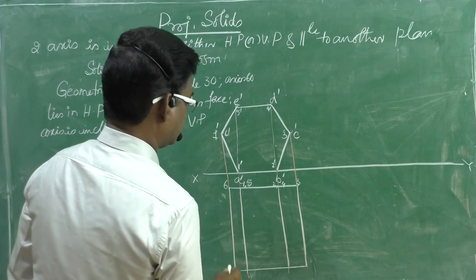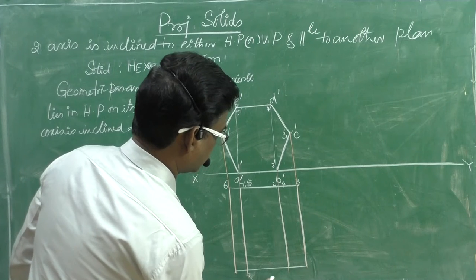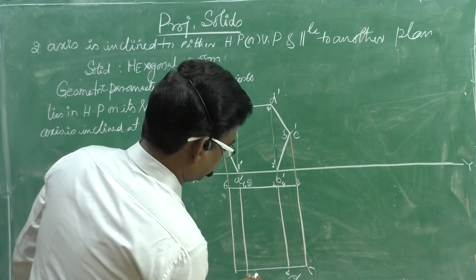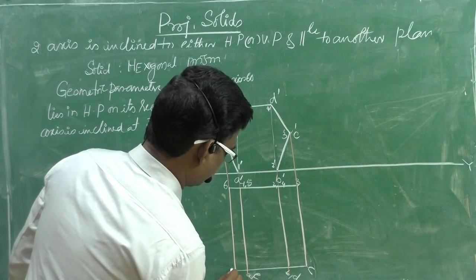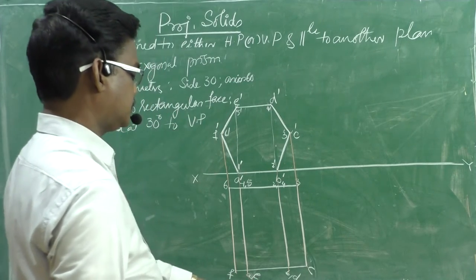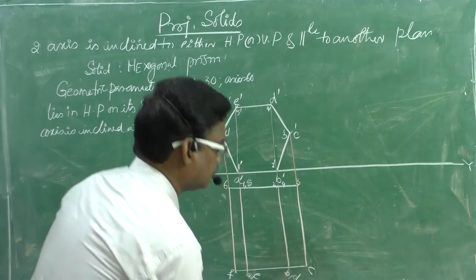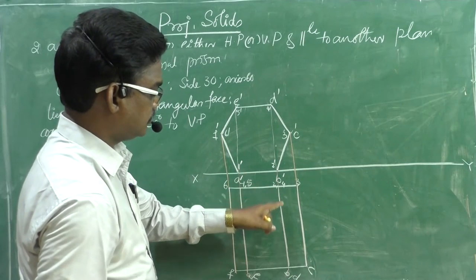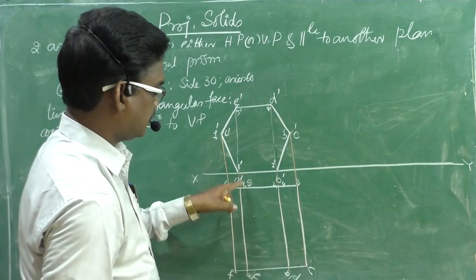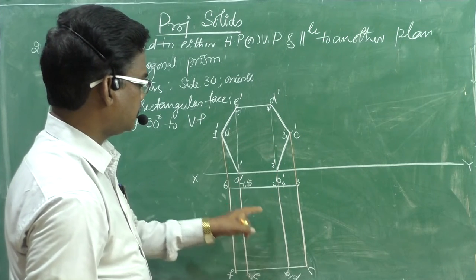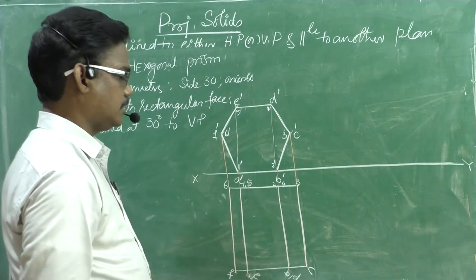Actually, this is A, B, C, D, E, and F. Now, 2B is invisible, 1A is invisible, but on 2B, 4D is overlapped, and on 1A, 5E is overlapped.